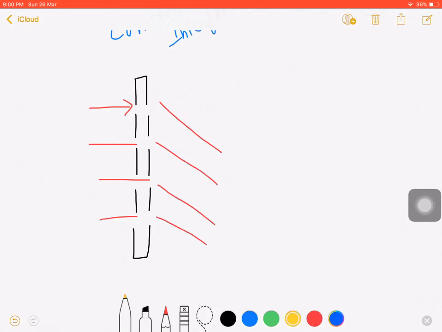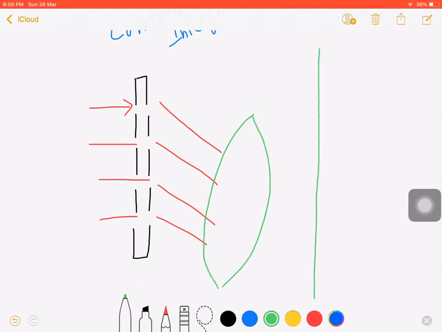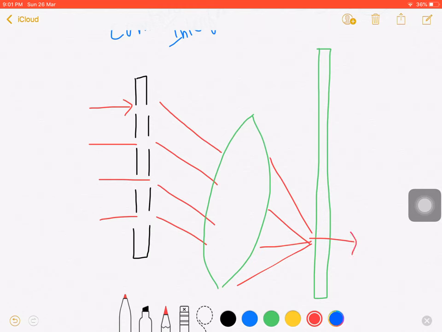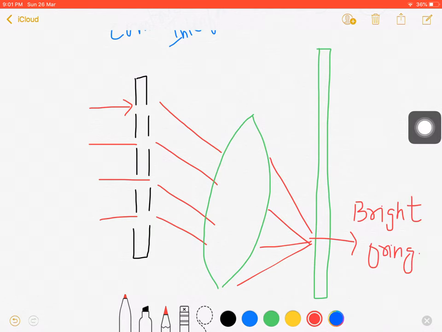I have placed a convex lens in this position, and this is a screen. They are converging it into this, so over here a bright fringe will be formed.